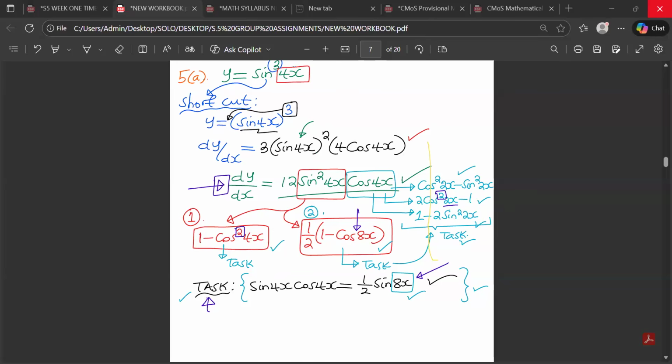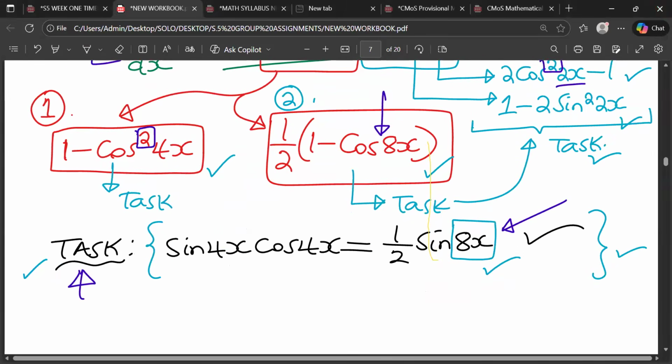You can find out, why is sine squared 4x the same as this? Why is it the same as a half and this? Maybe I can give you a hint and you can find out. This first task, I'm getting it from the first trig identity. This second task, I'm getting it from half angles, because you may develop pressure for no good reason, yet you have never covered half angles.